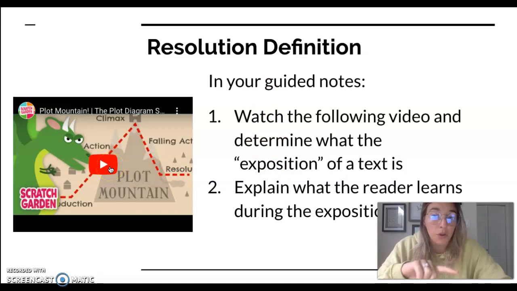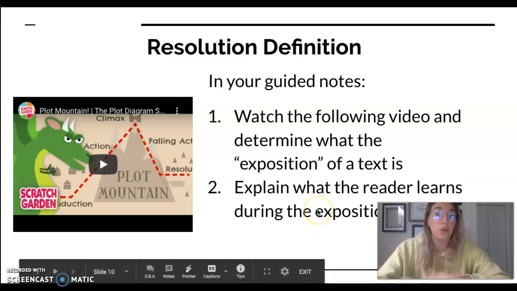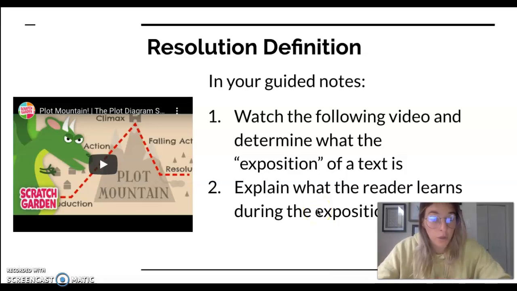So the first thing that you're going to answer is what is the exposition of a text? And the second thing you're going to do is explain what the reader learns during the exposition. So not only are you telling me what it is, but you're also telling me what it tells the reader. So what is the purpose of the exposition in a text?